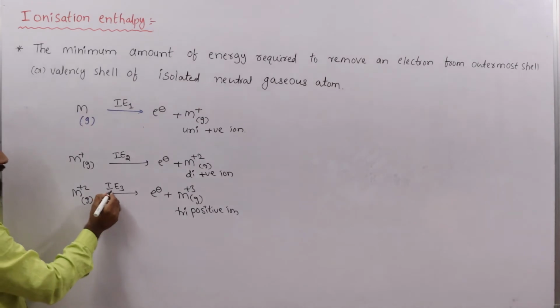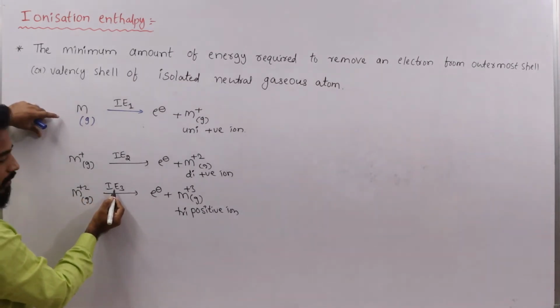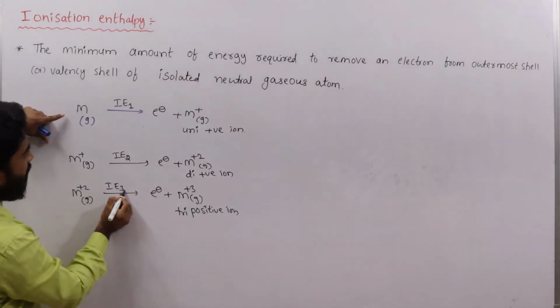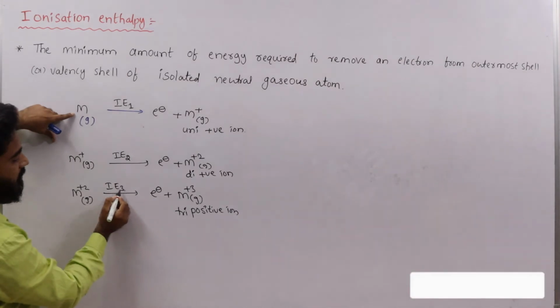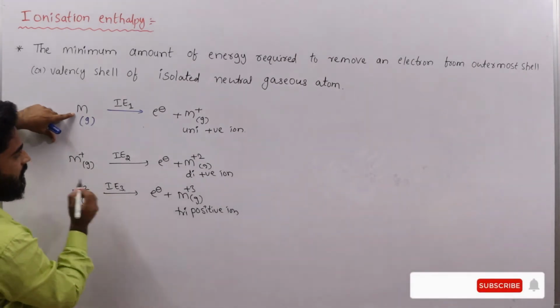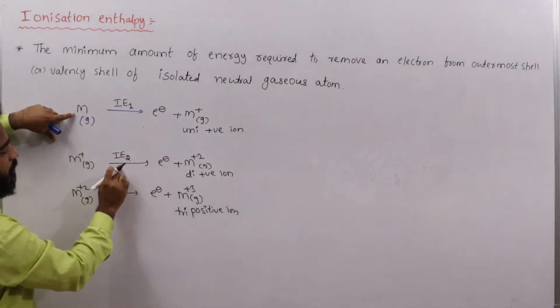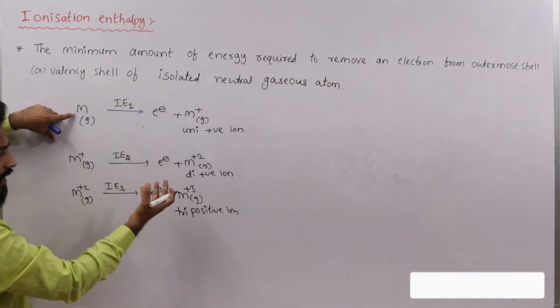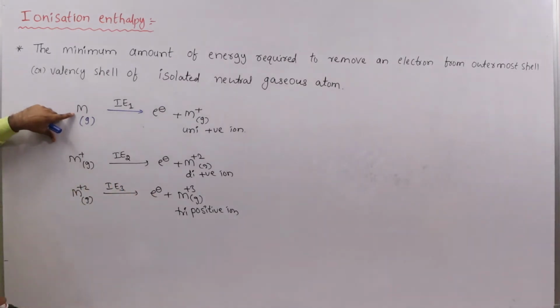IE3 is the amount of energy required to remove the third electron from the isolated neutral gaseous atom. So IE1 means removing the first electron, IE2 the second electron, and IE3 the third electron.